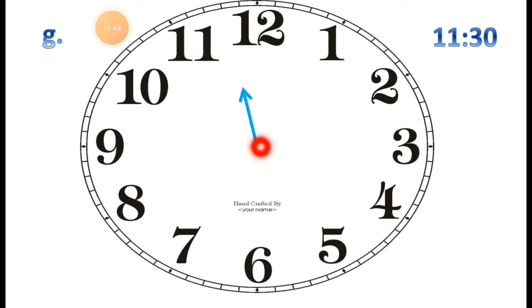See this, I drew the hand exactly pointing between 11 and 12, and the minutes show 30. The minute hand is pointing to 6, which means 30 minutes, and the short hand is between 11 and 12. So this time shows 11:30.